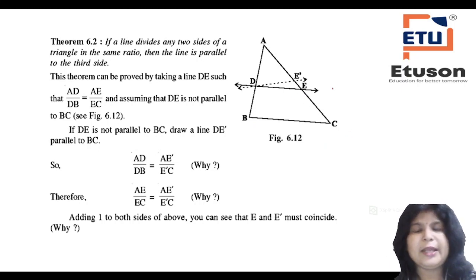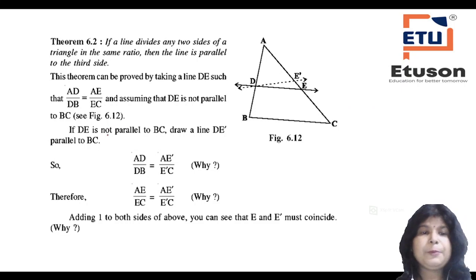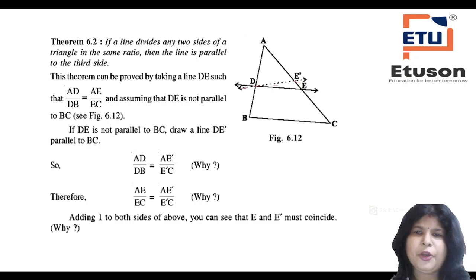Okay, so assuming that DE is not parallel. So now if DE is not parallel to BC, you can draw a line parallel to BC, which can be considered as DE dash. Okay, so it will intersect the line AC at some point E dash.